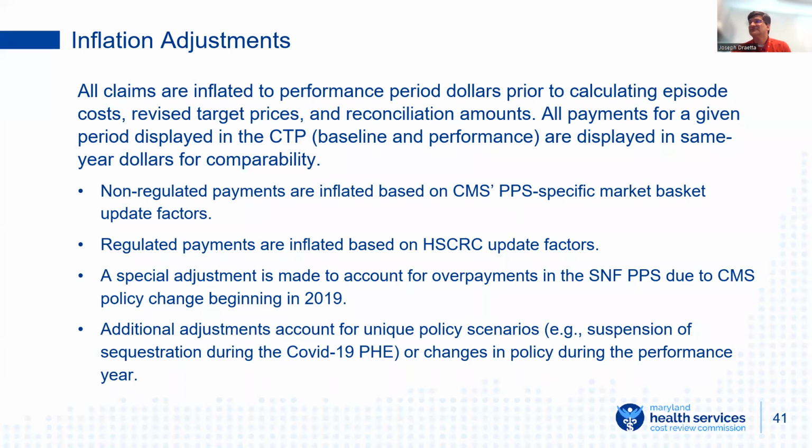Similarly, sequestration was suspended during the COVID-19 public health emergency, and we don't want to penalize providers for the extra payments that came through during that period. So we also neutralize that out when we're doing these evaluations. And we'll continue to make those adjustments as needed. And again, happy afterwards to address any questions that relate to those. Next slide.